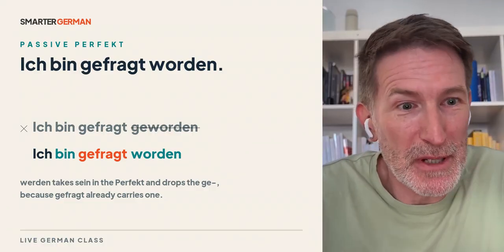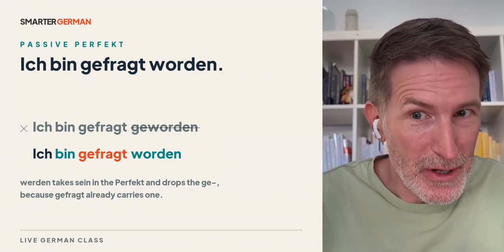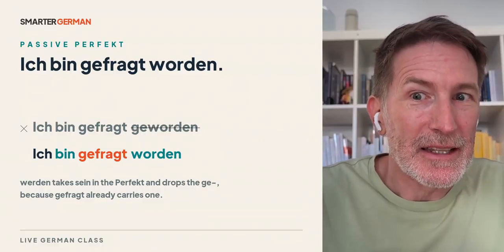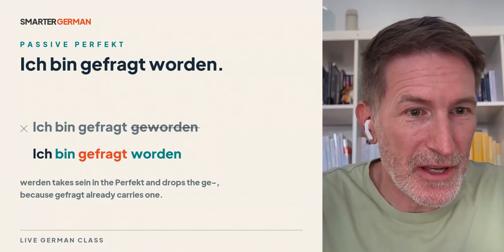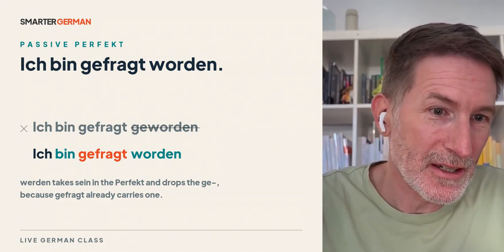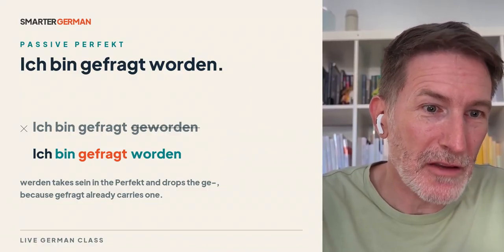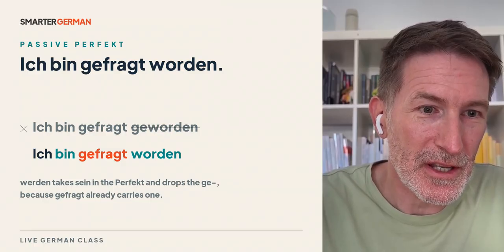Like kommen, ich bin gekommen, like sein, ich bin gewesen, ich bin geblieben. So there are about 50 verbs that use bin in the perfect. And werden is one of them, and it doesn't take the ge- because we already have the ge- here. So we don't say gefragt geworden. You never have ge-ge-. That's why it's worden.